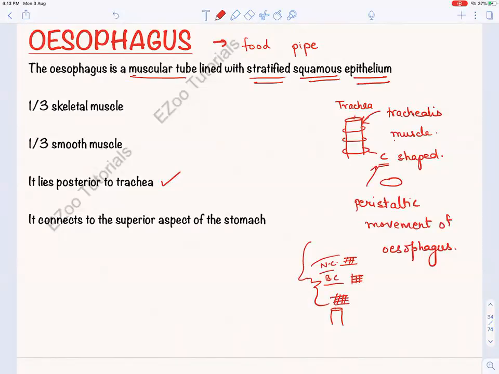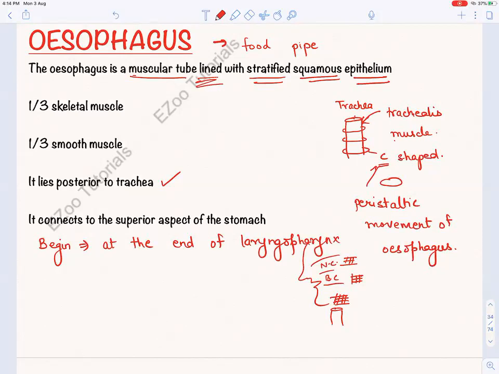So where does the esophagus begin? I always tell you the exact coordinates and the lining of the structure that we are doing. It begins at the end of the laryngopharynx. Very clear.